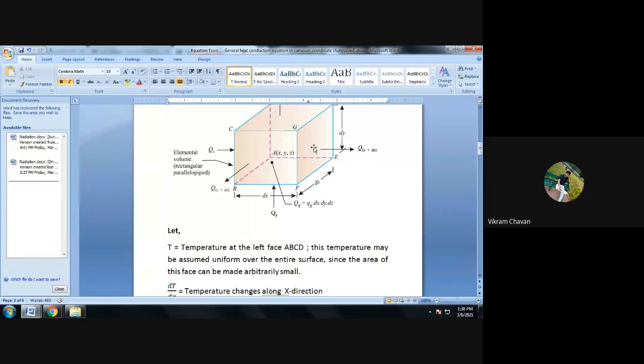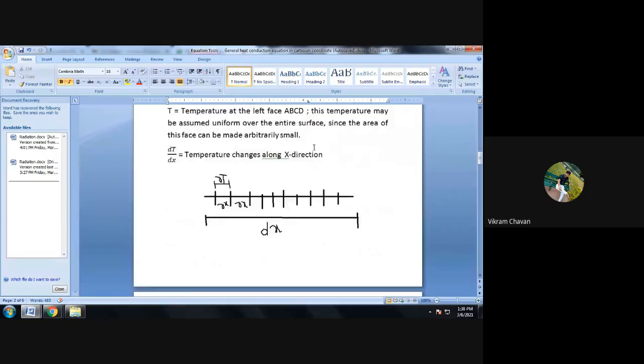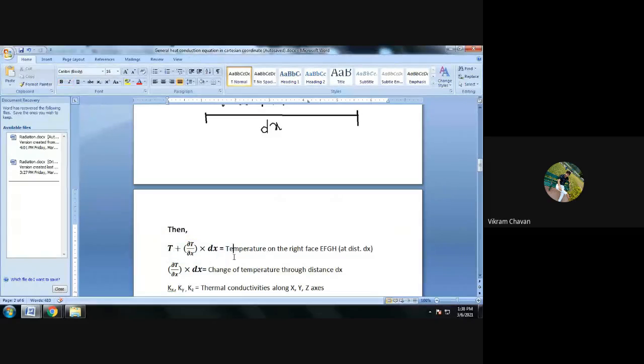That we have to interpret in an equation format. The incremental change in temperature with respect to small elemental length is dabba T divided by dabba x, and it should be multiplied by total length.